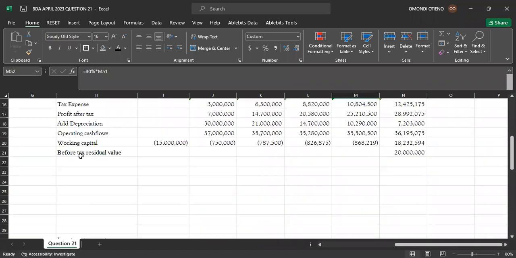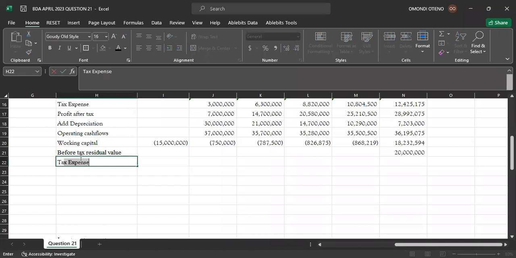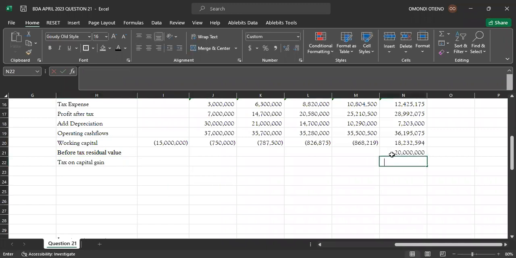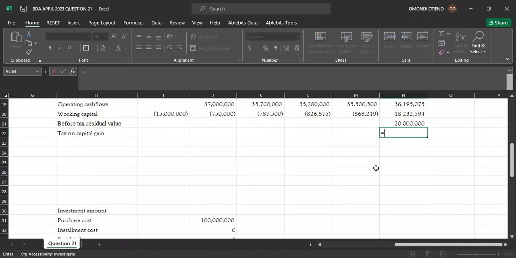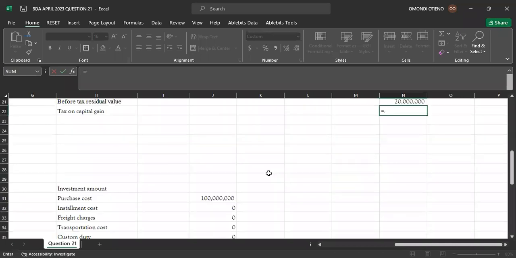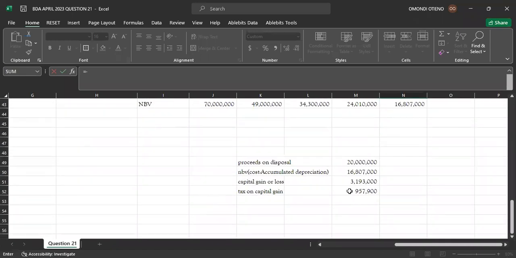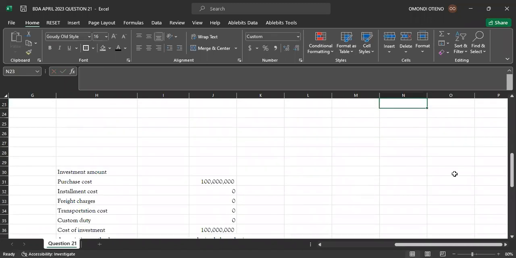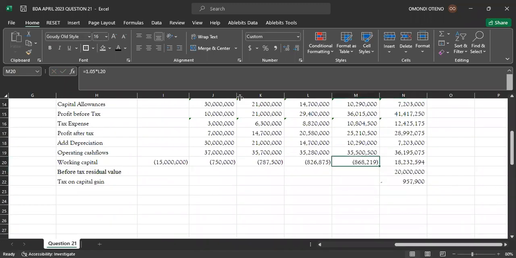So we now come up here and say tax on capital gain. Tax on capital gain of what amount? Tax on capital gain. Remember, it is an expense. So we just negate it, just insert that negative there to make it work for us. Then I just make the format the same here. So it is a negative.